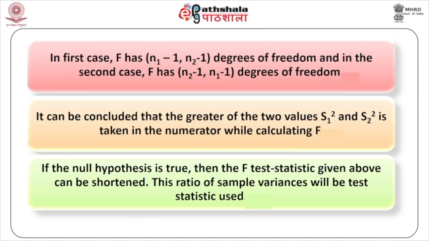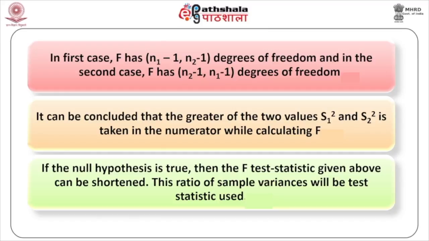In the first case, F has n1 minus 1, n2 minus 1 degrees of freedom, and in the second case, F has n2 minus 1, n1 minus 1 degrees of freedom. It can be concluded that the greater of the two values, s1 squared and s2 squared, is taken in the numerator while calculating F. If the null hypothesis is true, then the F-test statistic given above can be shortened.